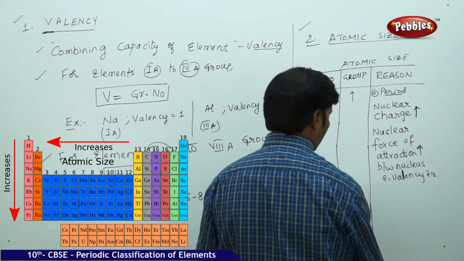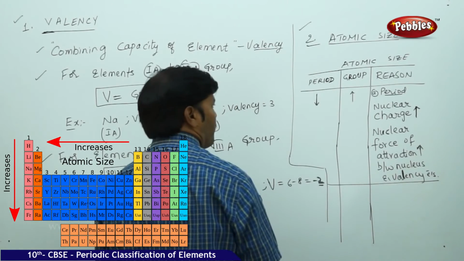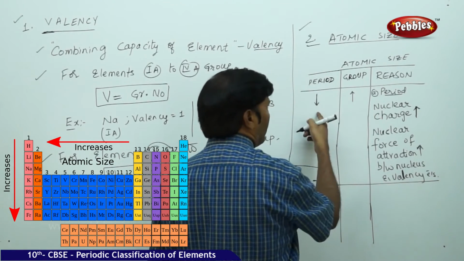So this is the justification for the decrease of the atomic size in a period.